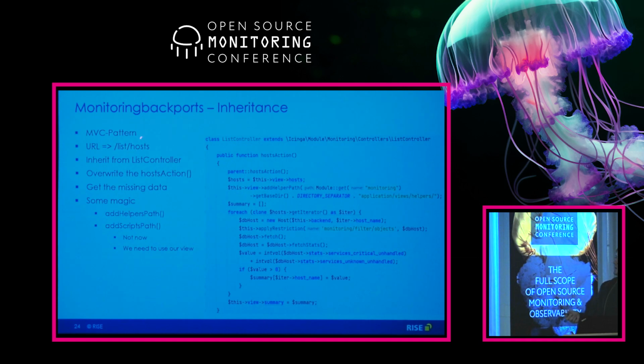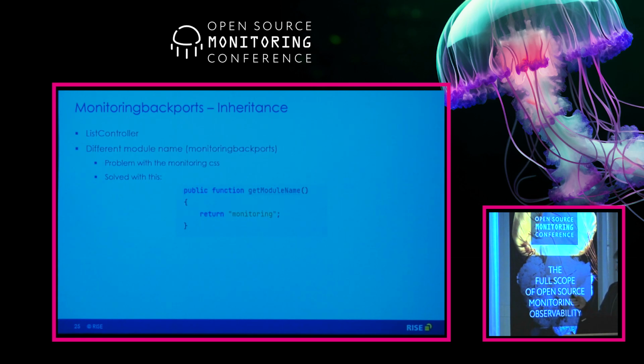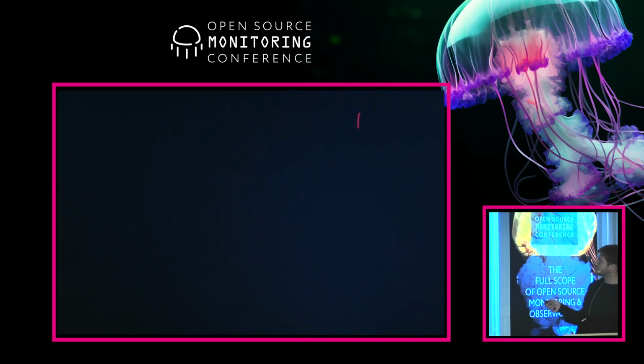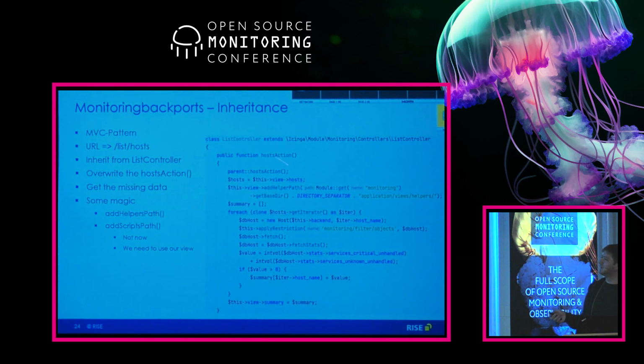So you have this host action and the list controller, so that aligns. And you can take this list controller and extend the original list controller. Name it list controller again. You inherit all the actions, but you only override host action.